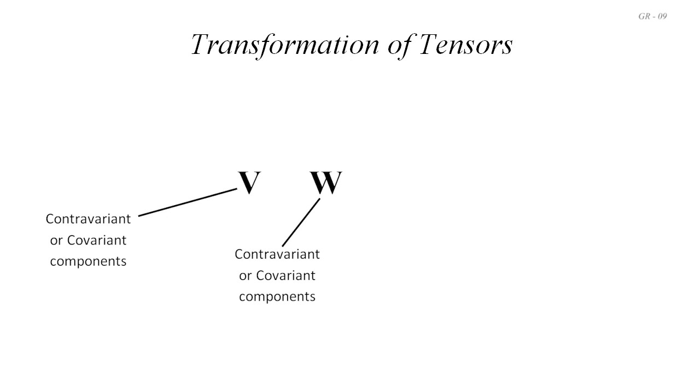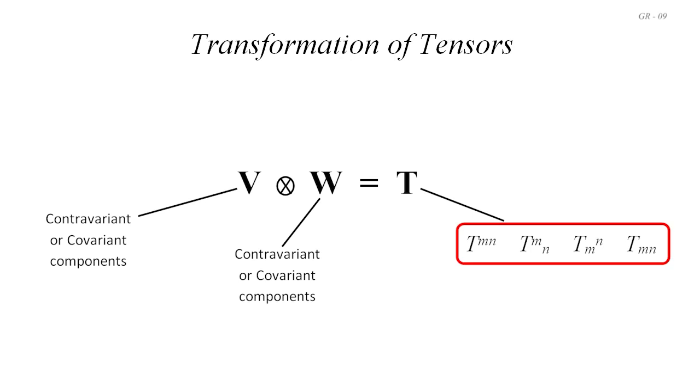Now, all of that discussion started off by suggesting that 2 vectors v and w could be written down using either their contravariant or their covariant components, and then be multiplied together via the tensor product to give this tensor. In other words, they could produce different versions of the tensor with different mixtures of upper and lower component numbers.